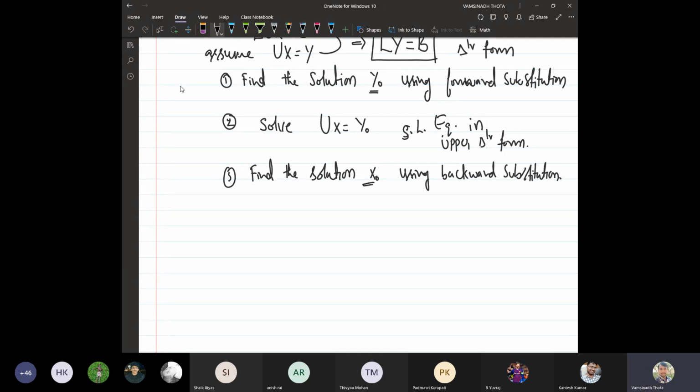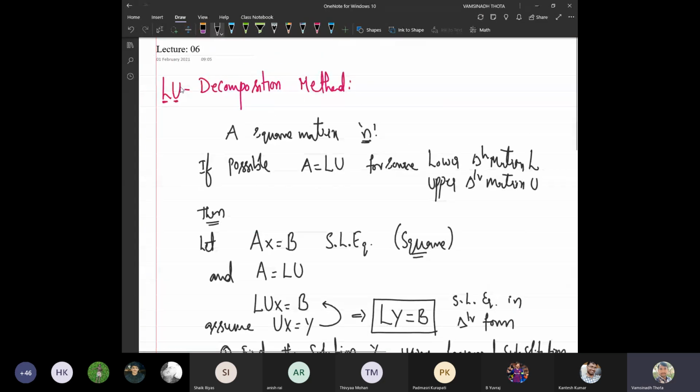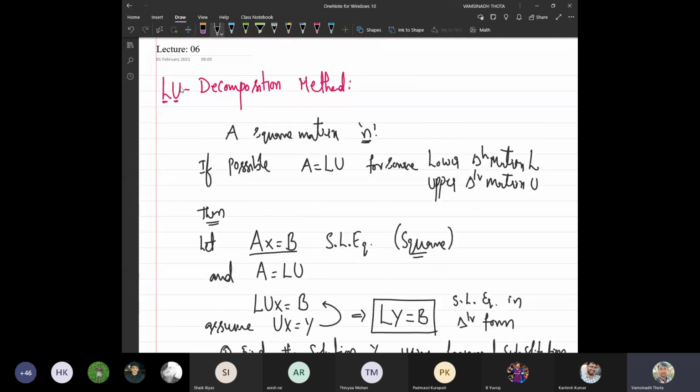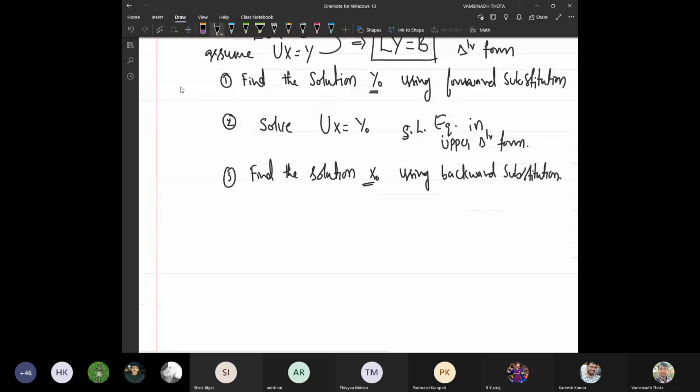So our requirement is done. What is our basic requirement? We are interested in finding a solution for the given system of linear equations, which is in square form. We need to find out what x is. So this is how we can say it is an application of the LU decomposition method.